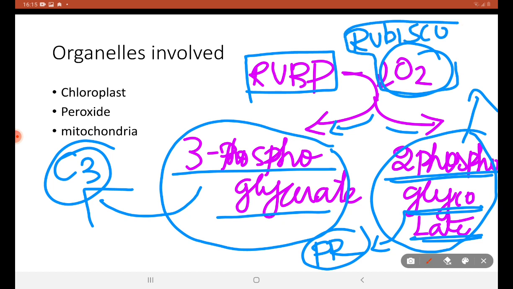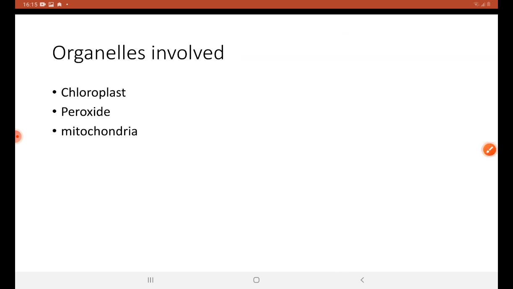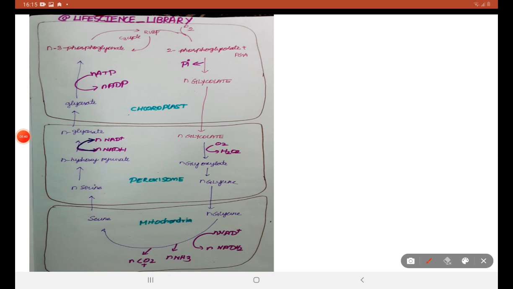Under oxygenase activity, we get 3-phosphoglycerate and 2-phosphoglycolate. Glycerate will undergo the C3 cycle. Glycolate will undergo photorespiration, which is also called the C2 cycle. So now we will see the C2 cycle, that is photorespiration.